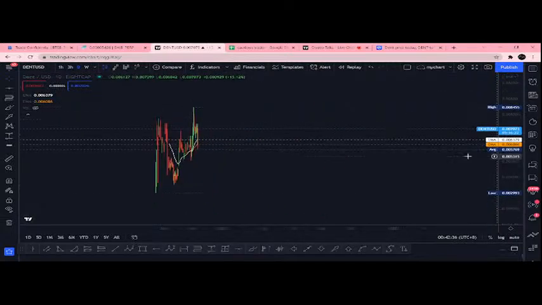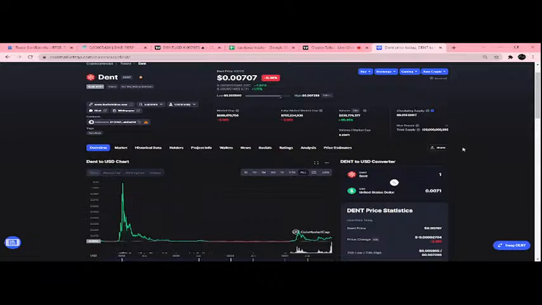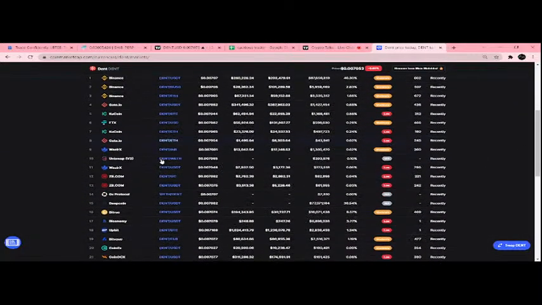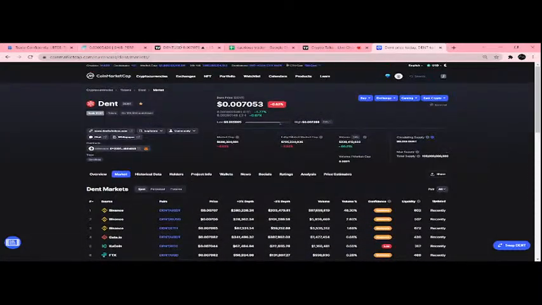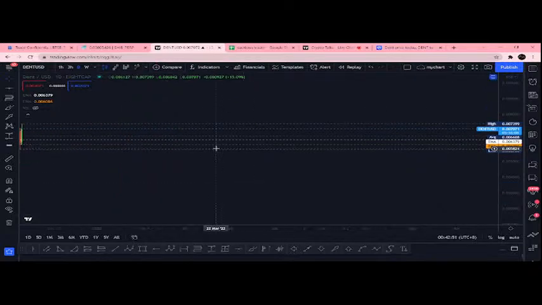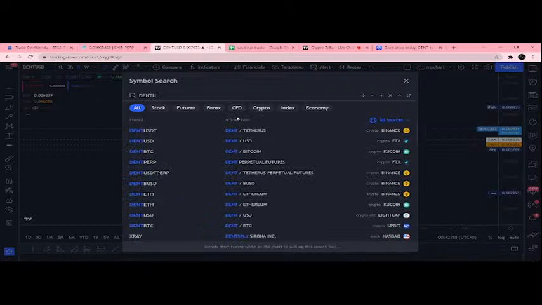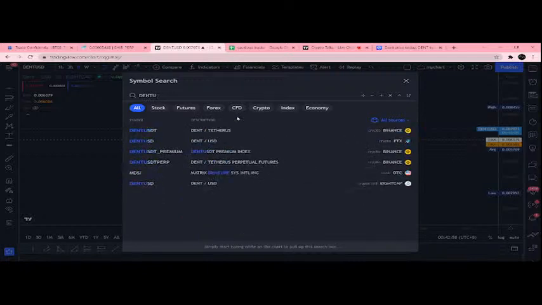I don't know what exchange was that that gives it an 11 cents. Let's look at the market here. But the other exchanges are not here. Why not here? Well, I don't know. Maybe Dent USDT. Let's try Dent USDT. Yeah, just the same. Or maybe just Dent.